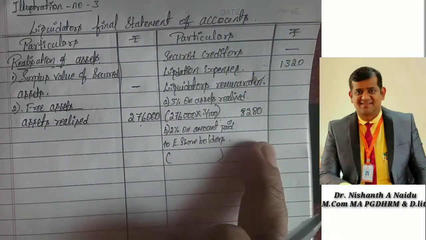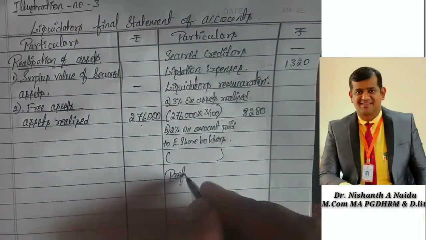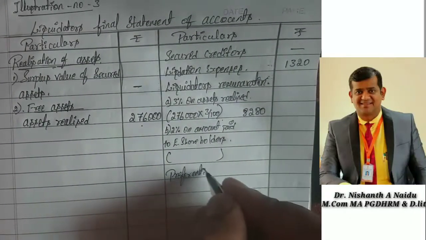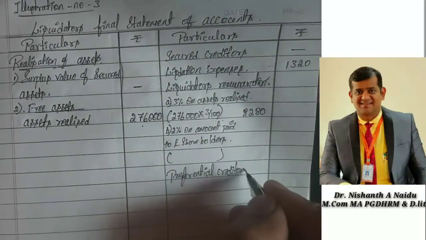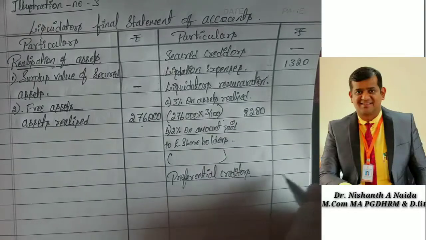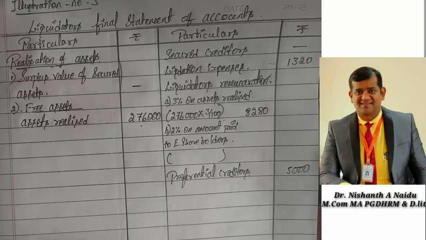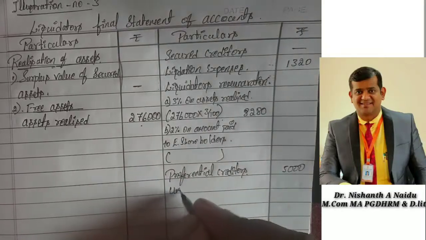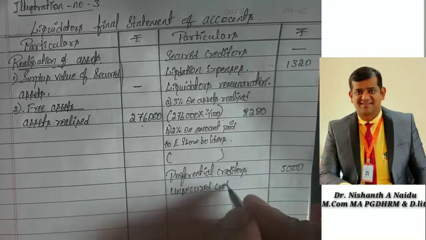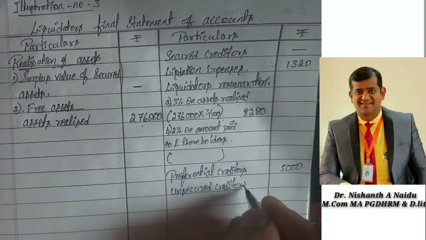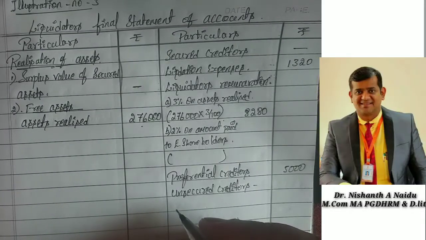Clear? After that obviously we have to pay preferential creditors. So I'm writing preferential creditors. How much? Preferential creditors is 5,000 rupees. And unsecured creditors: how much are unsecured creditors? 35,000 in the problem they said, correct?